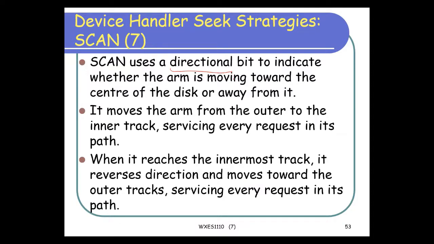Before this, first come first serve and shortest seek time first move in either direction depending on the location of the file or the data. But with this one we move one way and then serve the other way.